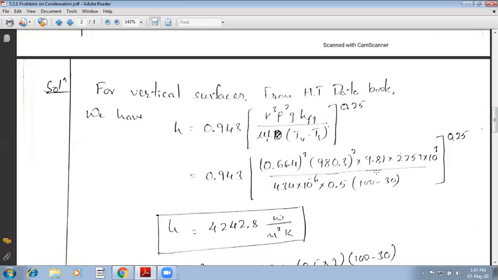And if you substitute the values in the expression, we'll end up with the H value as 4242.8 watt per meter square Kelvin. Many students make this mistake that they will calculate all these values, but they will forget to take the fourth root of that value.